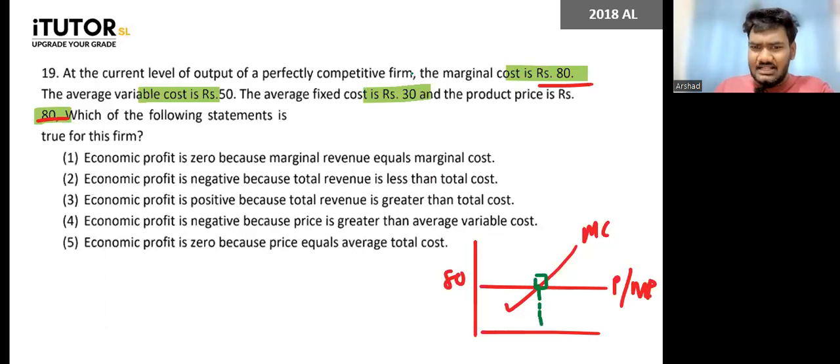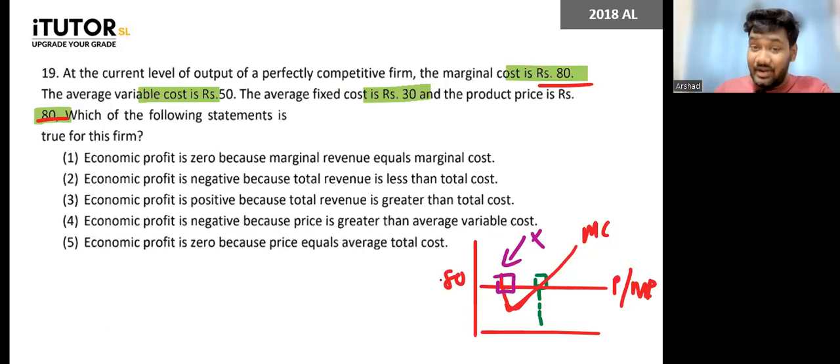Then just think, guys, your marginal cost is 80. There are no two profit maximizing points. The marginal cost curve can be like this, right? But remember, I told you, this purple point here is not profit maximizing.